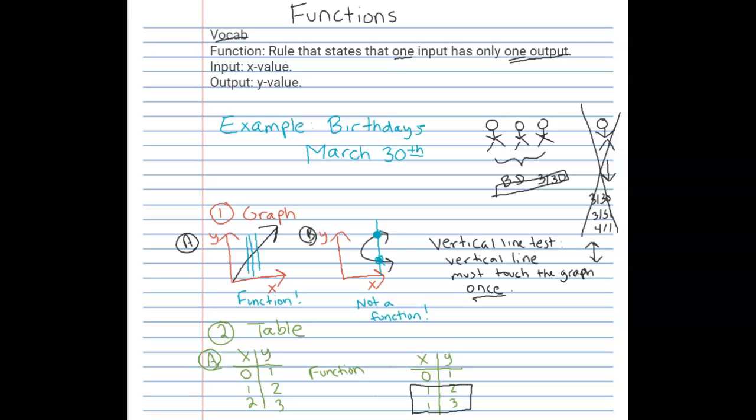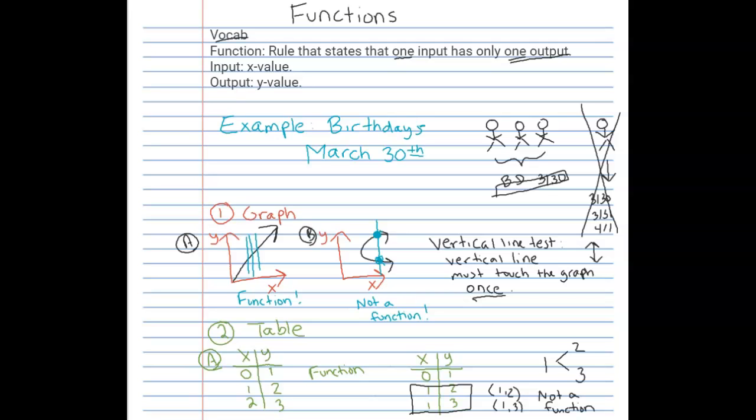We have 1, 2. Our input is 1. Our output is 2. Input is 1. Output is 3. Uh-oh. One input, in this case, has outputs 2 and 3. That's a problem. So it's not a function.